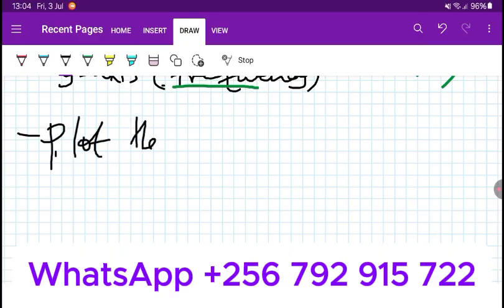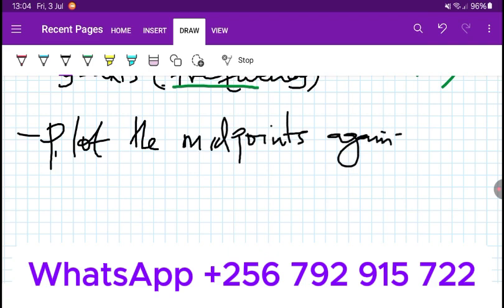We plot the midpoints and the frequencies.